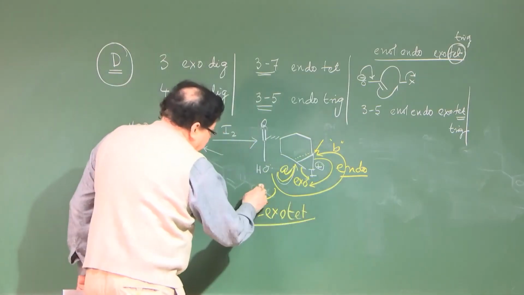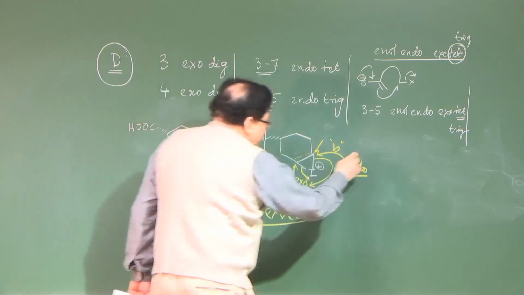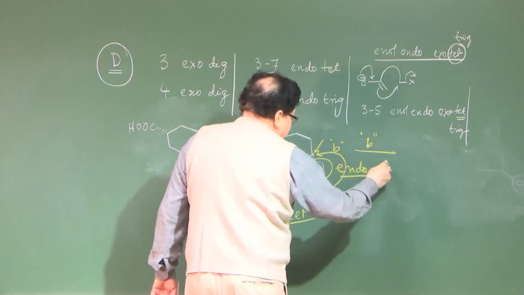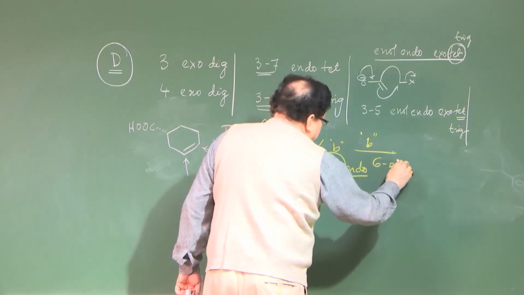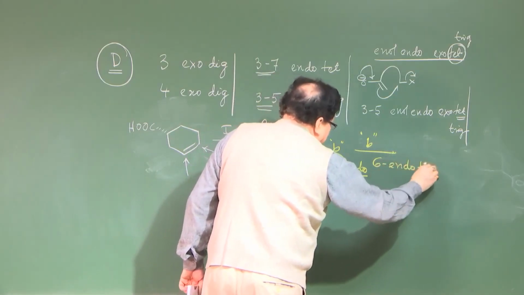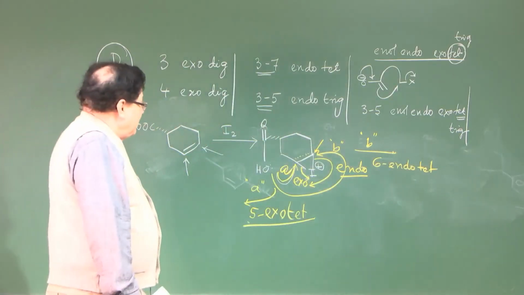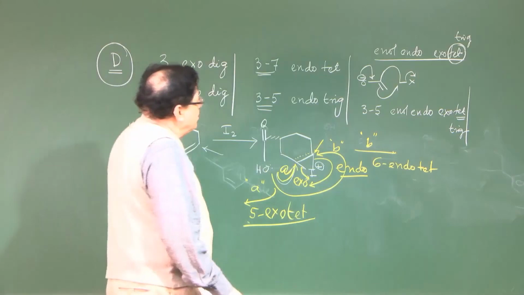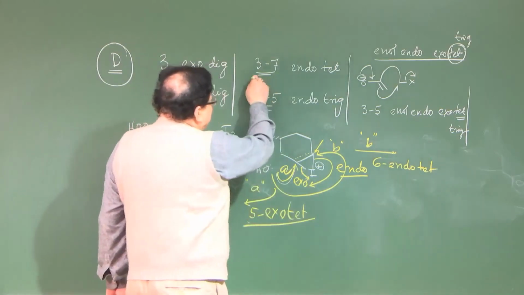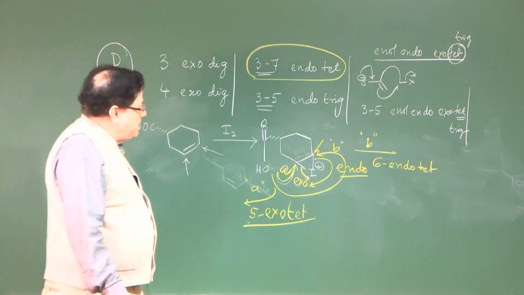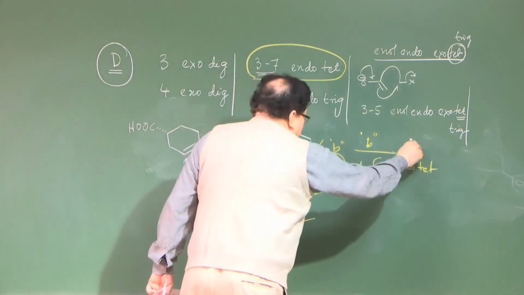That is pathway A, and pathway B is 6-endo-tet. Okay. So, obviously, 6-endo-tet falls under the disfavored category, and if it is disfavored, that product will not be formed.